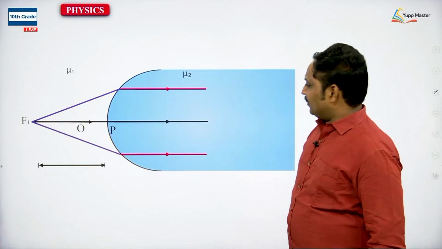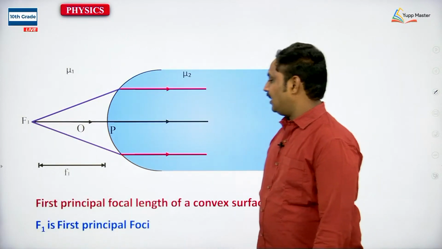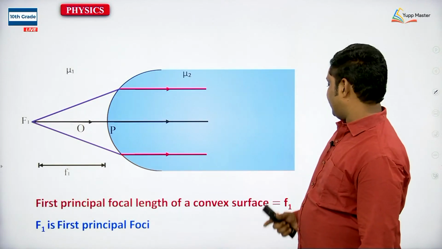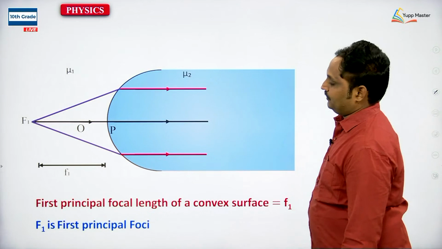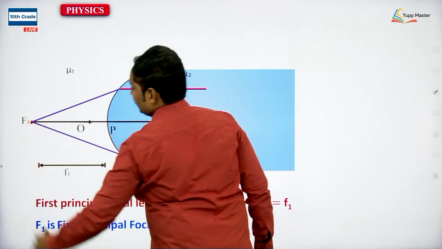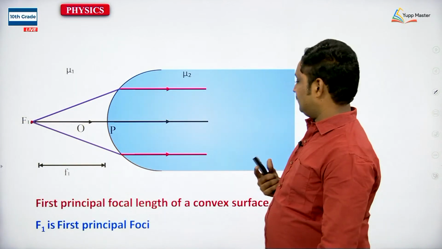Suppose you take f1 as the first principal focal length of a convex surface, it is very clear. So, this is f1, we can call it the first principal focus, right.